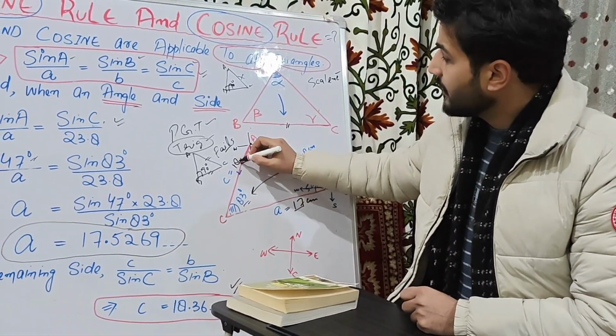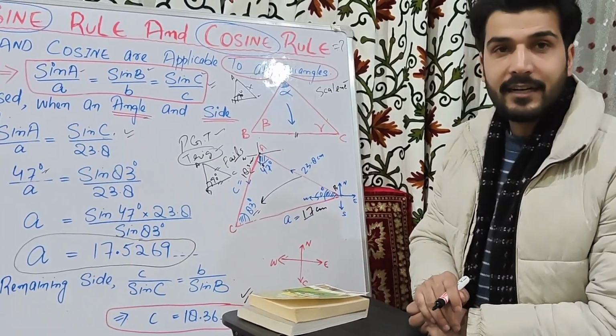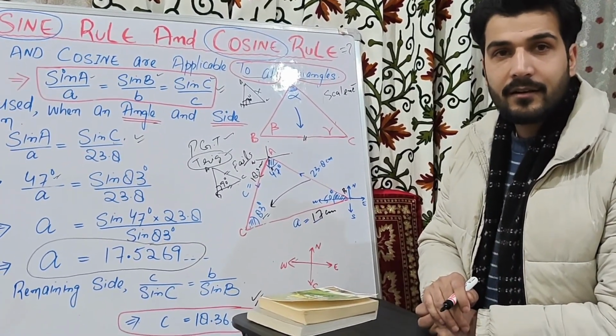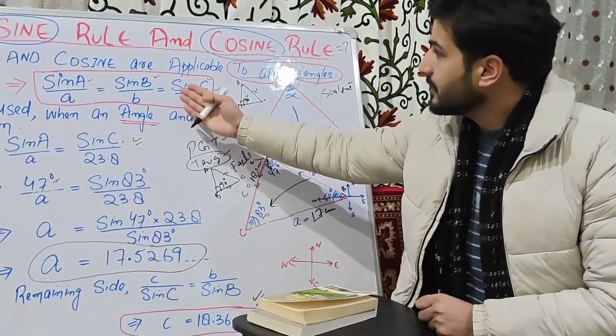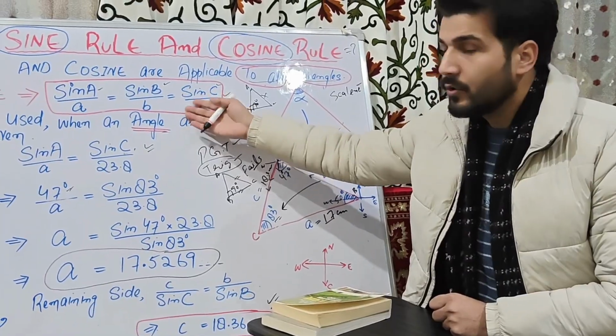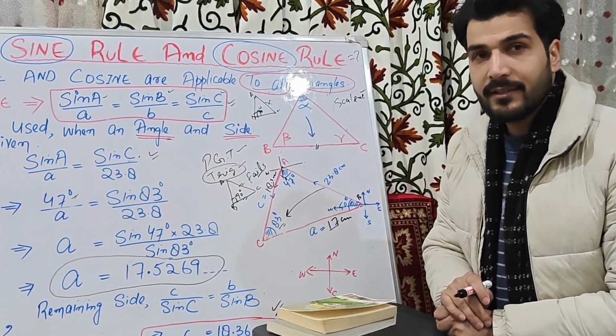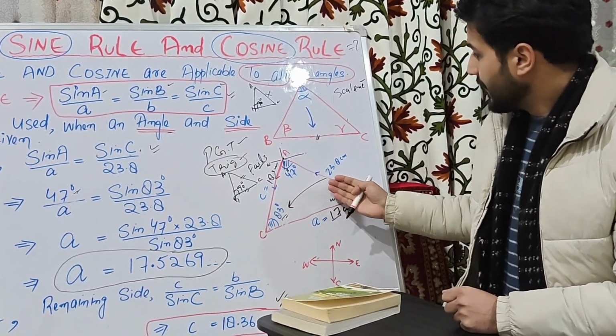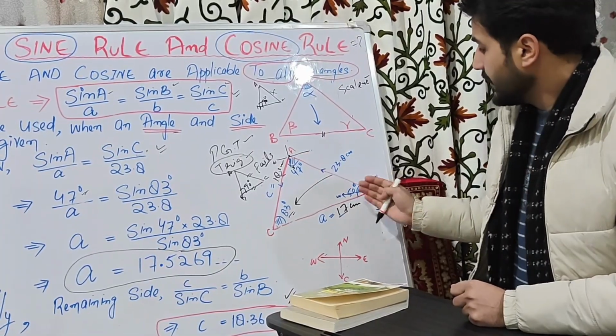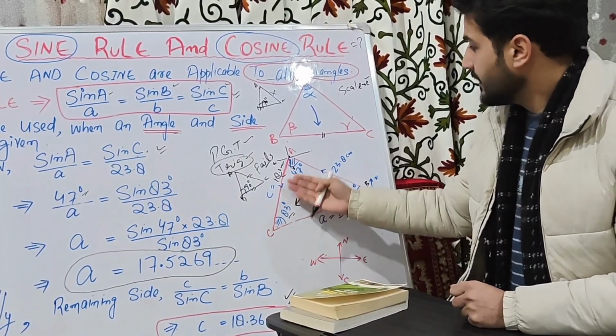So 18 point something, we will write 18.3 centimeter. So from the sine rule, we find this side and this side.